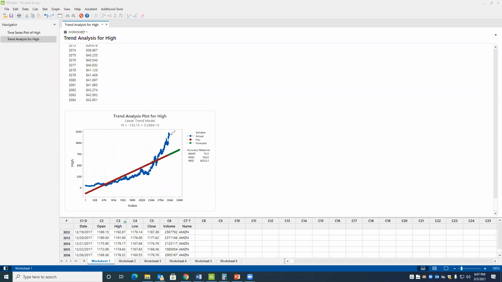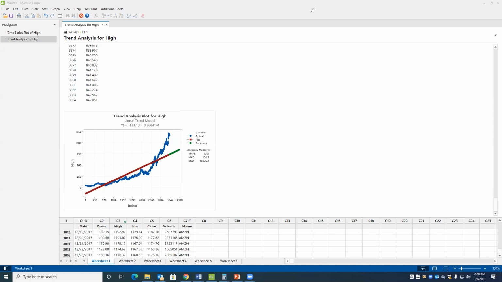So this is going somewhere here, this is going somewhere here, which means you are not able to get a good forecast. And there are other measures also, MAPE, MAD, MSD. The smaller the value of these numbers, the better the fit line.